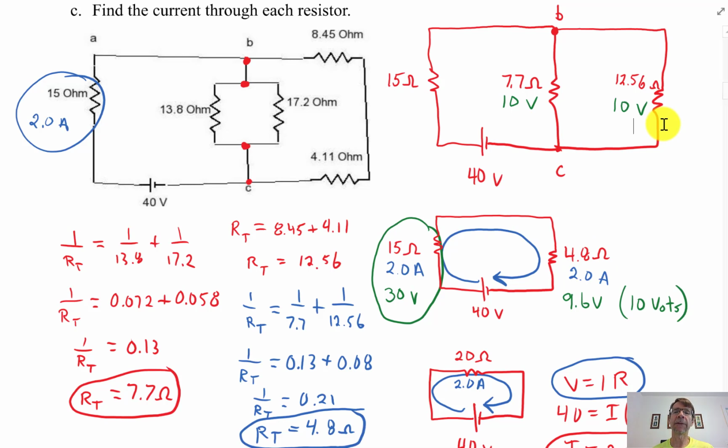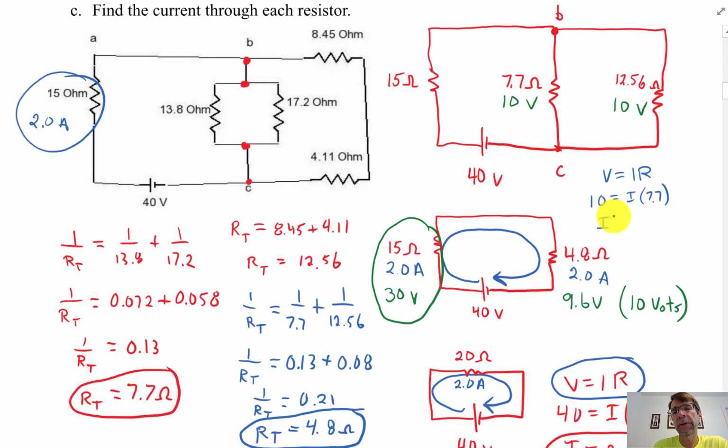Once you have that, what you will be doing in that diagram is just using V equals IR. We'll use V equals IR to figure out the current in each one of those resistors, because there's going to be more current in the lower resistor. So for the 7 ohm resistor, we have I times 7.7.